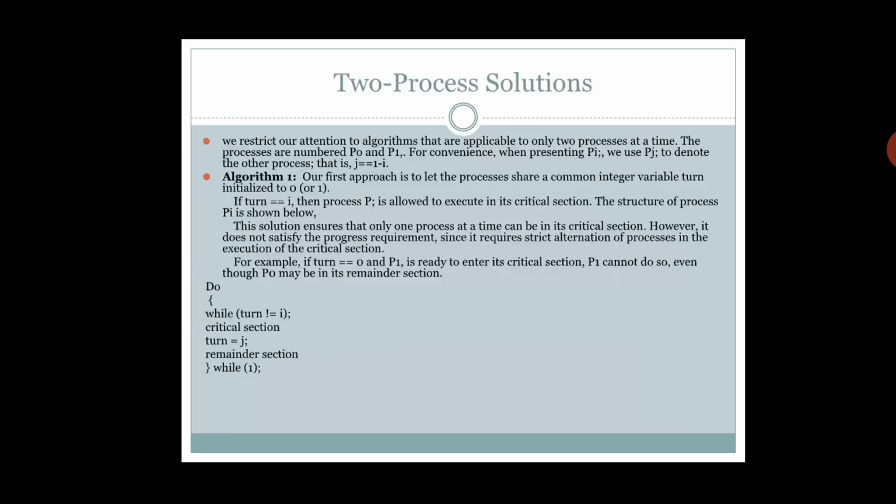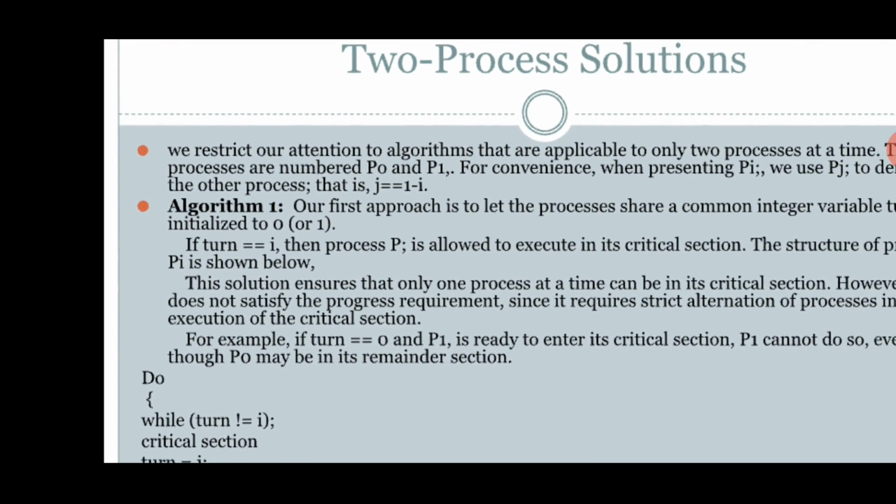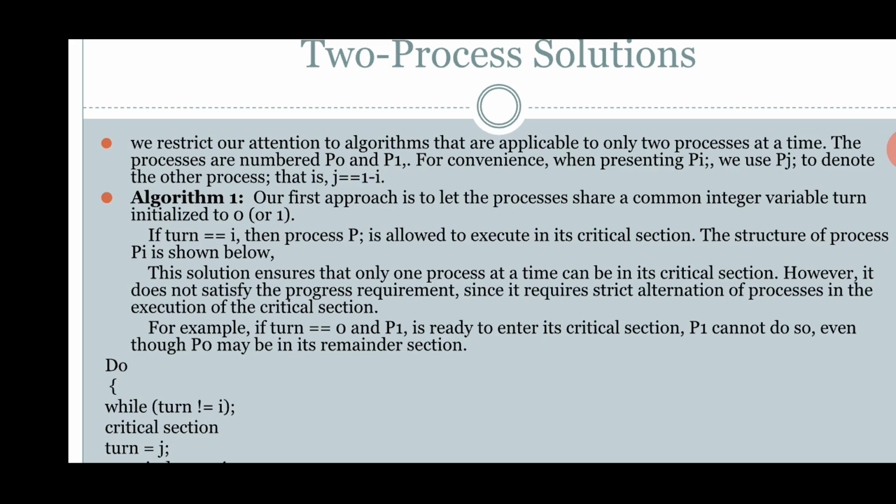The second thing is that there is a separate solution, the two process solution. Now let us see what we mean by it. We restrict our attention to algorithms that are applicable to only two processes at a time. The processes are numbered P0 and P1.